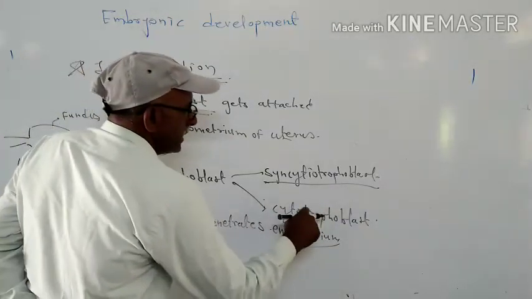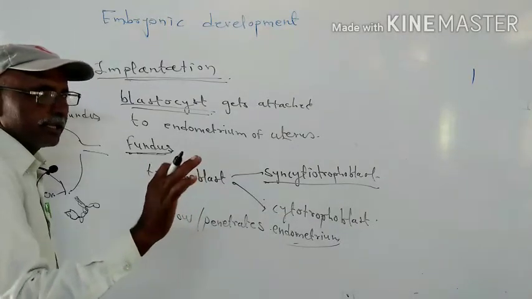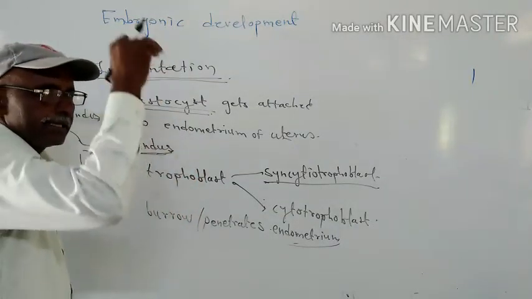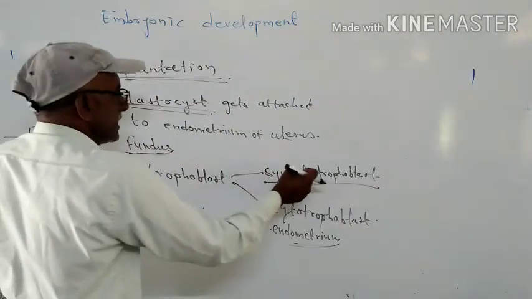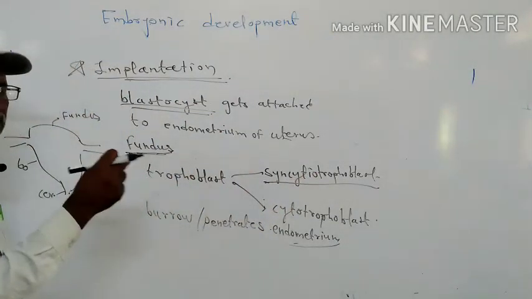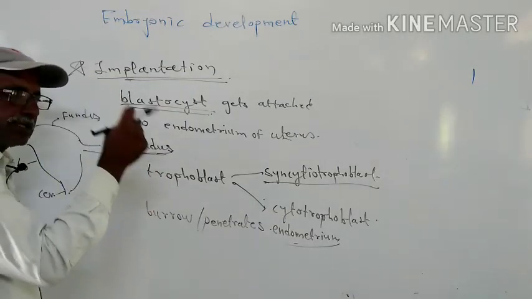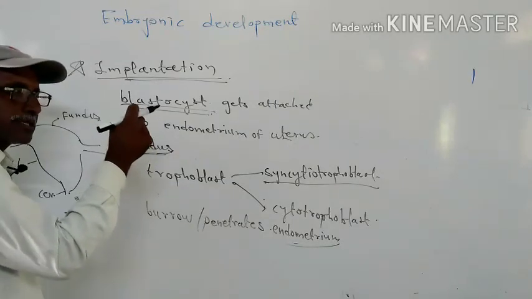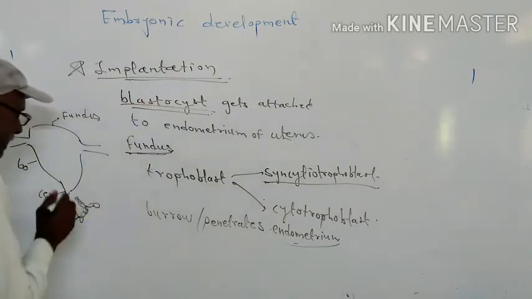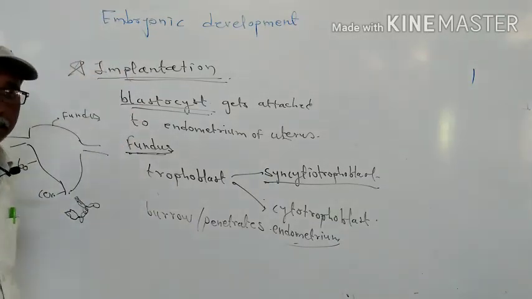Cytotrophoblast is the inner layer of the trophoblast. The size of the cell does not increase. It is retained at that position. Only the syncytiotrophoblast forms a structure which penetrates into the endometrium, and with this structure the trophoblast cells derive the uterine milk from the endometrium.